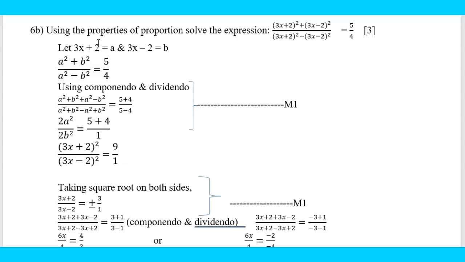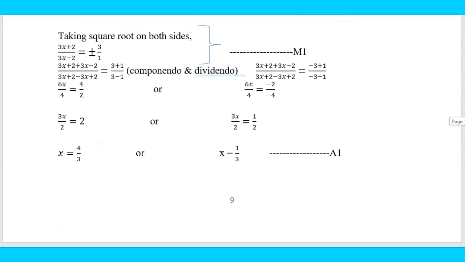I have taken this as A. Without that also, if you do it directly, you will get this answer only. After that, taking square root on both sides, 1 mark. And after that, again solving using componendo dividendo, or somebody has solved it as a quadratic equation, then also you will get these 2 answers, 4/3 and 1/3. Then you will get 1 mark.